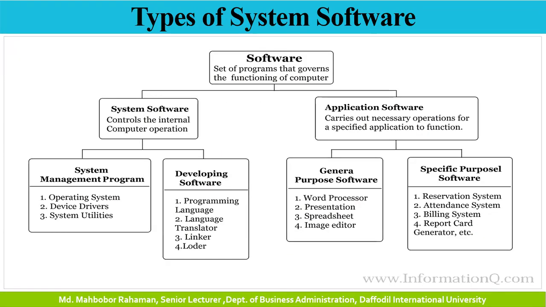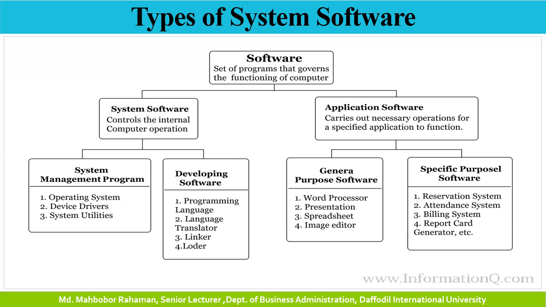When we look at software, a question arises: how many types of software are there? Basically, software is divided into two general categories: one is system software and the other is application software. System software deals with the system of a computer or the system of a machine.